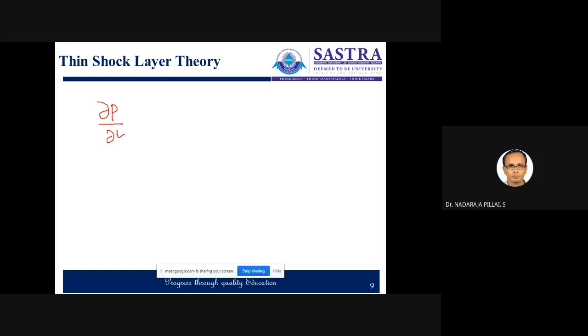So ∂p/∂ψ is equal to u_s/r_s, and now we can integrate the equation between the point in the shock layer where the stream function is ψ, and just behind the shock, where it is ψ_s, right?